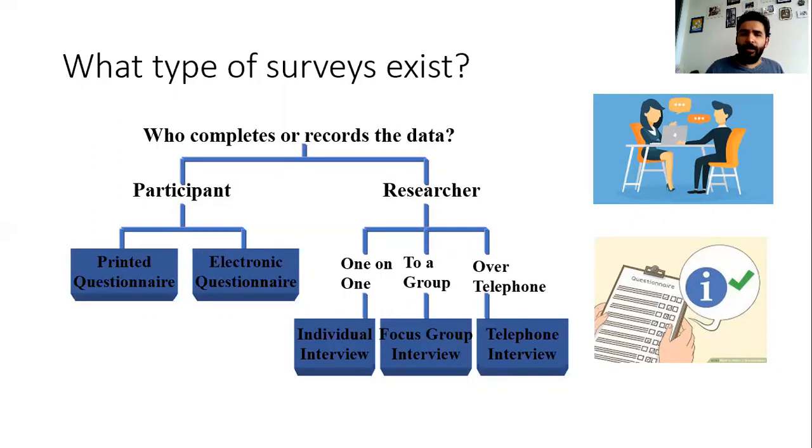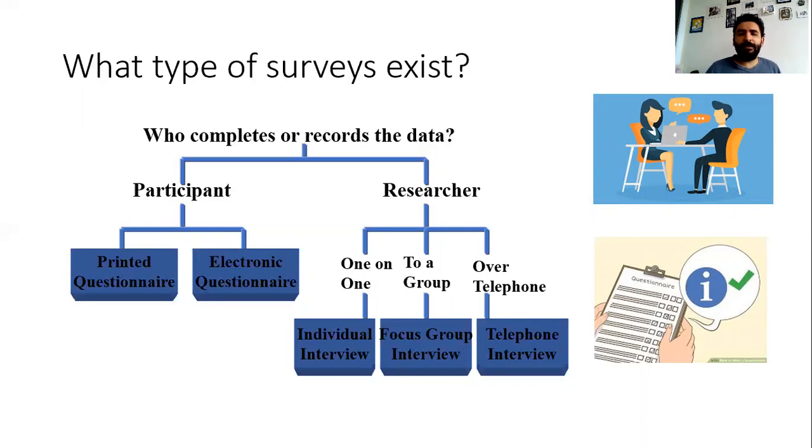Okay. So what is the difference between them, right? In the first one, the questionnaire, as you see on the table here, the records are completed by the participant itself. You either give them a printed questionnaire on paper, or you email them, and they are filling out the questionnaires, right?